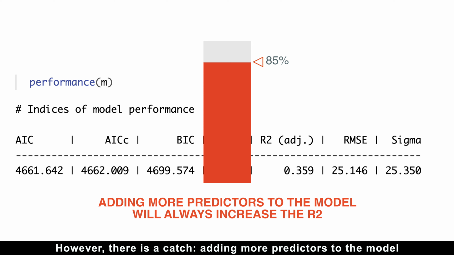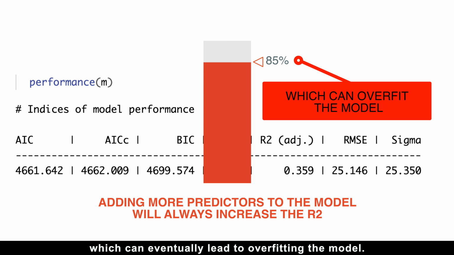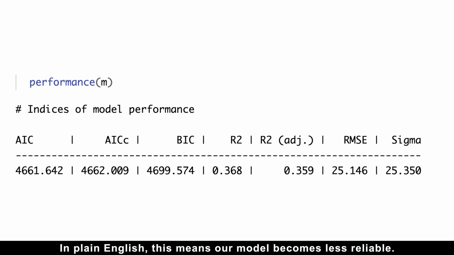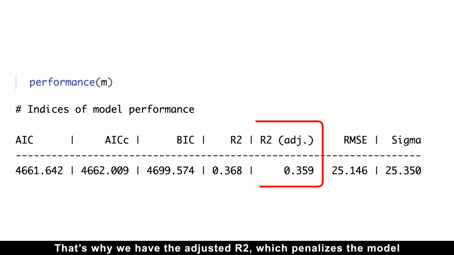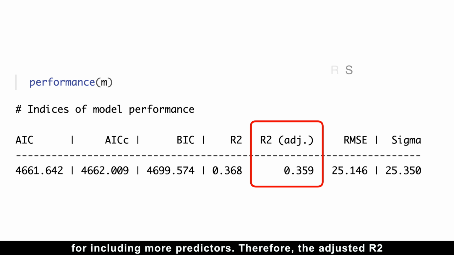Adding more predictors to the model will always increase the R-squared, which can eventually lead to overfitting the model. In plain English, this means our model becomes less reliable. That's why we have the adjusted R-squared, which penalizes the model for including more predictors. Therefore, the adjusted R-squared is a more appropriate choice for multivariable models.